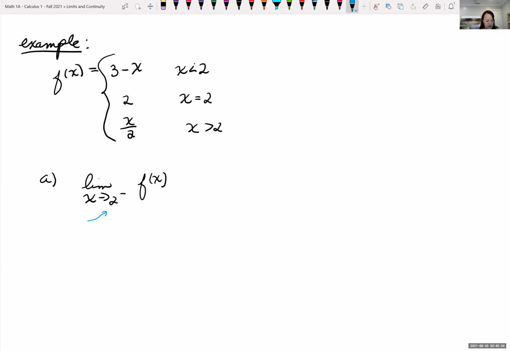Well, if we're approaching x on the left-hand side, we're going to use values of x that are smaller than 2. And so that tells me I need to use equation 1, because this is when x is less than 2. So we need to use equation 1.